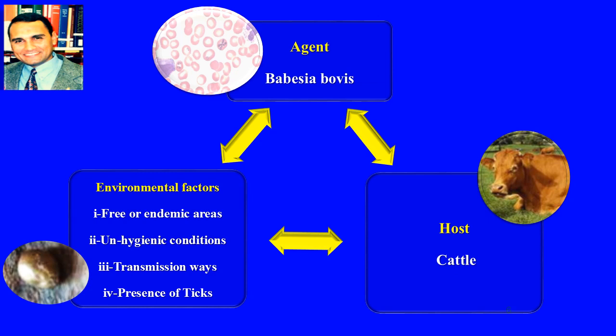So, the entrance of Babesia bovis into any herd with the presence of ticks that take blood meals from infected cattle will make babesiosis on this farm extend for decades, unless we get rid of the causative agent by getting rid of the transmitting tick. The presence of ticks is the main way to transmit Babesia bovis from an infected farm or infected cattle, after taking a blood meal, to a healthy animal to cause babesiosis.